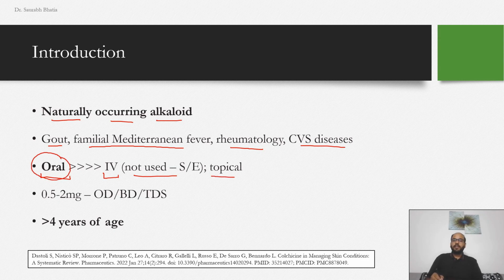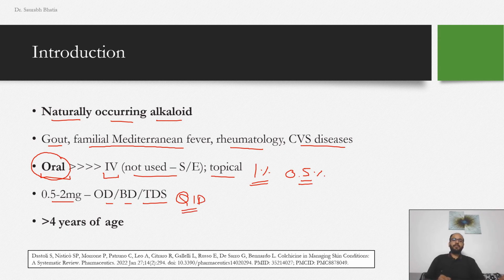Among other formulations, topical is available as 1% gel. There have been instances of 0.5% topical gel, and this is the newer modality of topical agent, as 1% or 0.5% colchicine gel. Normal doses range from about 0.5 to 2 milligram once a day, twice a day, or 3 times a day. Sometimes you can go as high as 4 times a day.